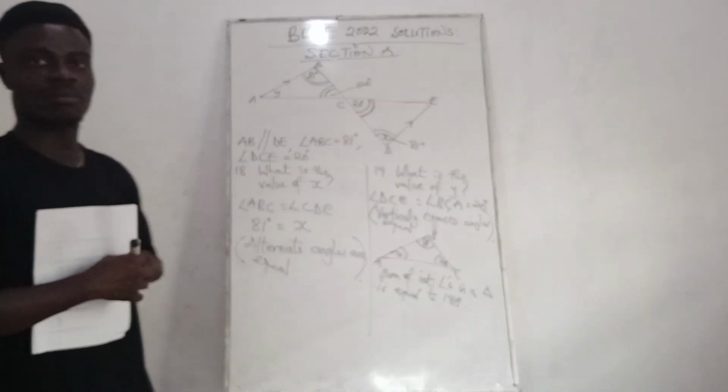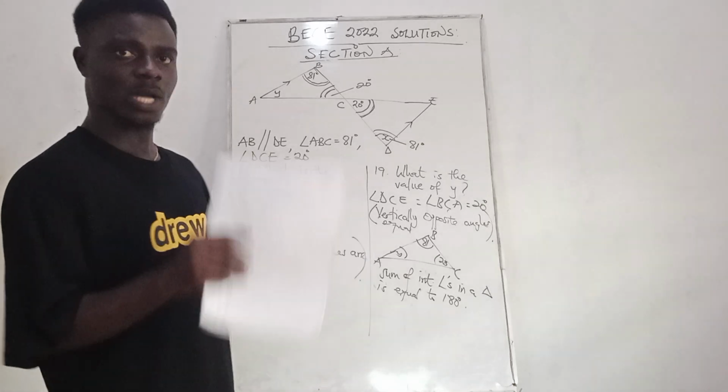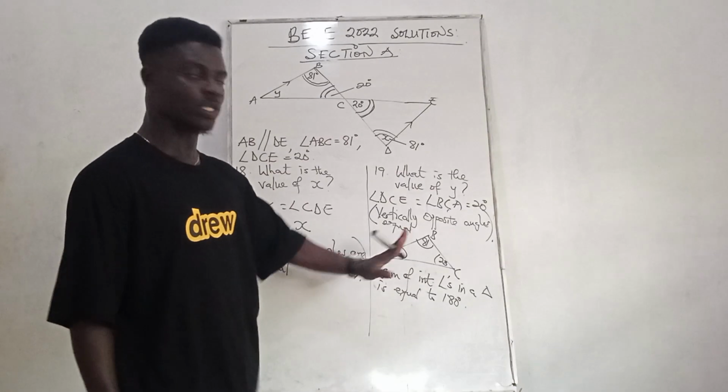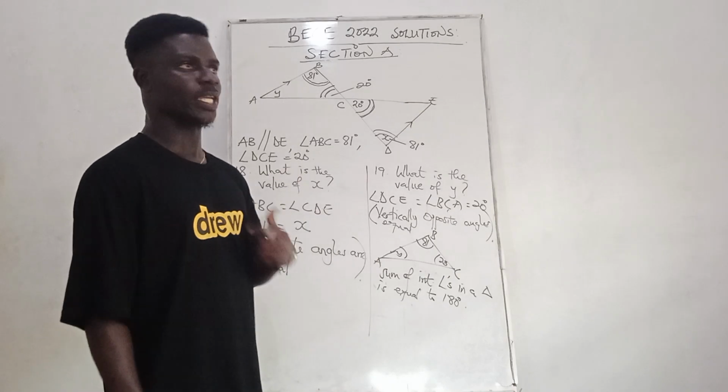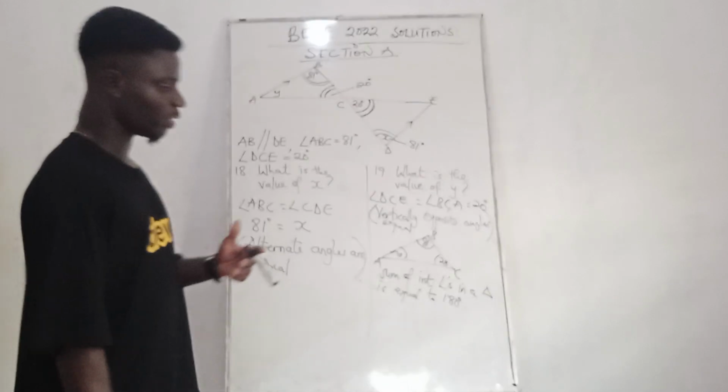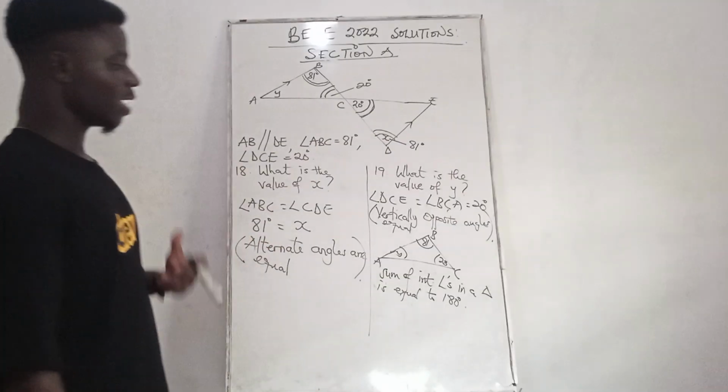We get it from n minus 2 times 180 degrees, where n refers to the number of sides, and the number of sides is 3. So 3 minus 2 we get 1. Then 1 times 180 we get 180. So the sum of interior angles in the triangle is 180 degrees.